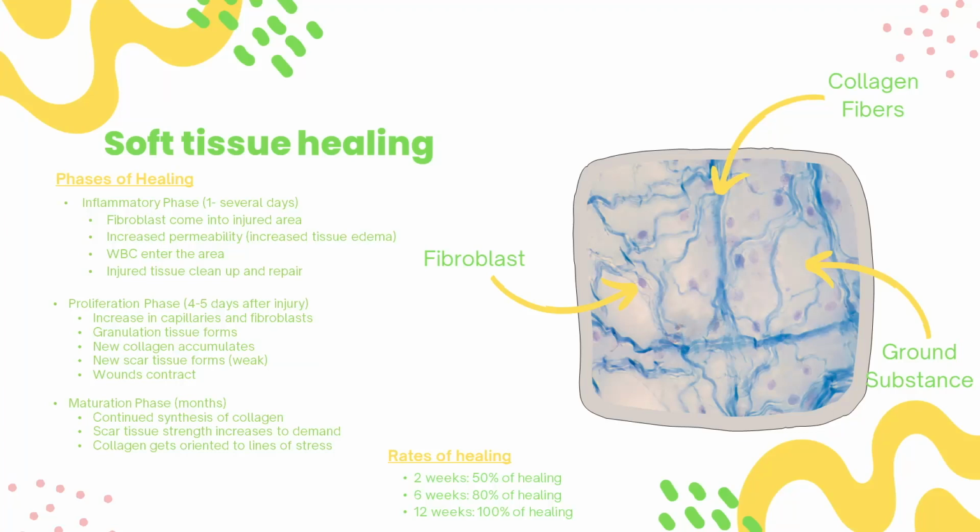Your fibroblasts are just throwing collagen at this injury. It's like, here you go, here you go, here you go, lay it down, and then we'll worry about organizing it later. So the collagen starts to lay down in a very unorganized fashion. All of those cross links, all of those waves are already formed in that area, and the wound starts to form scar tissue, and that scar tissue starts to contract. So the wound starts to get a little bit closed down, and this is what's happening during that proliferative phase.